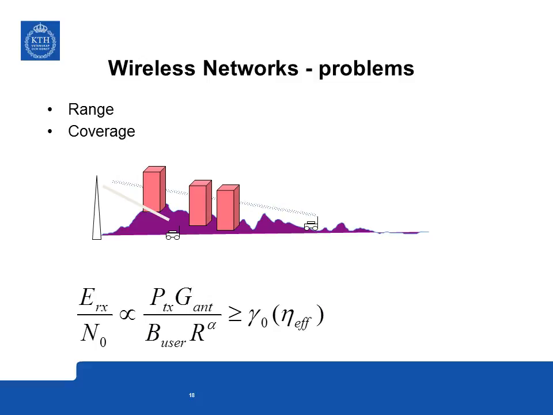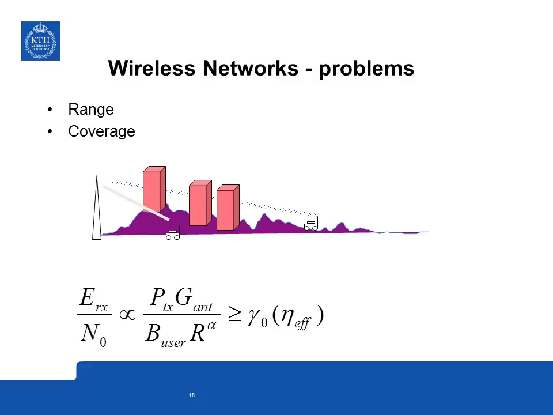And the further and further we go away from the base station, the signal gets weaker and weaker, and at some point we can no longer reliably communicate with the base station. And what is critical is the signal to noise ratio, the received energy to received noise energy ratio.